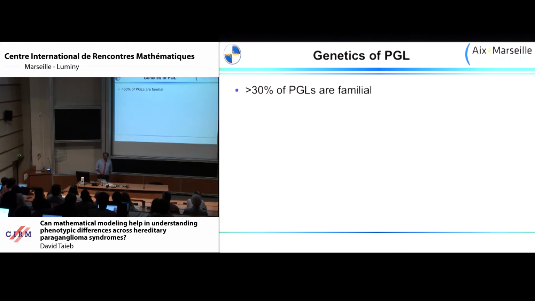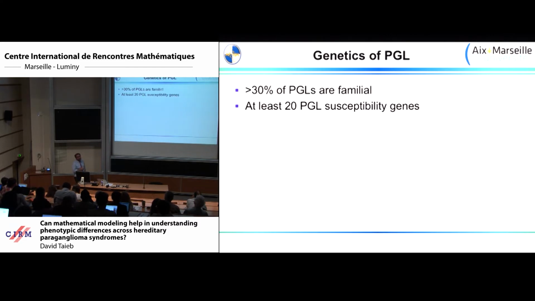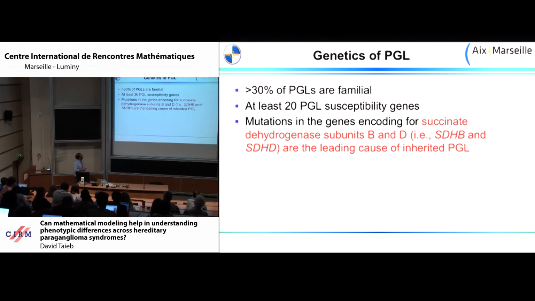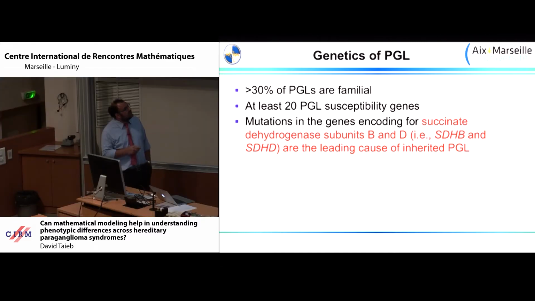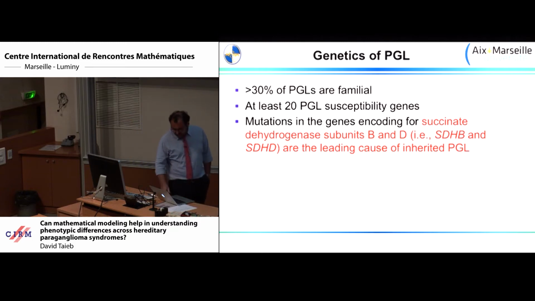From a genetic standpoint, these tumors are very important, because more than 30% of these paragangliomas are familial. There are at least 20 pheo-paraganglioma susceptibility genes, but mutations in subunits B and D of the gene succinate dehydrogenase, SDHB or SDHD, are the leading cause of these familial tumors.